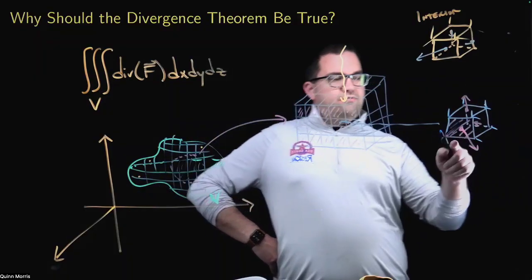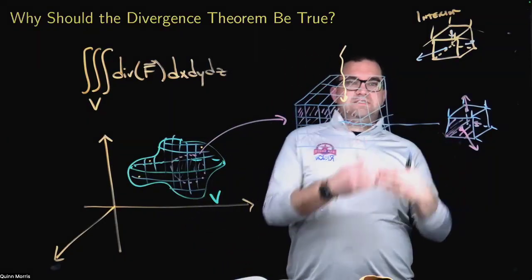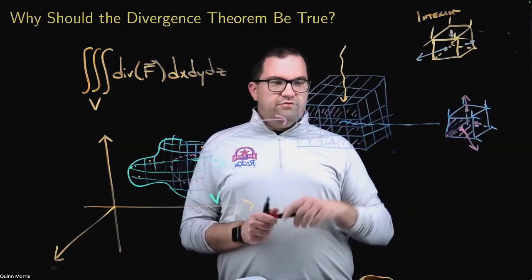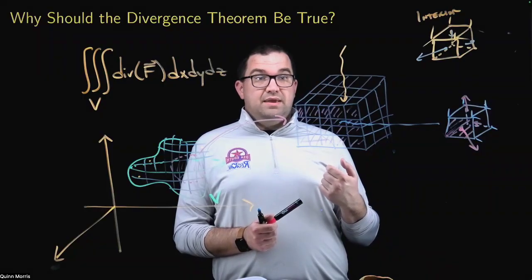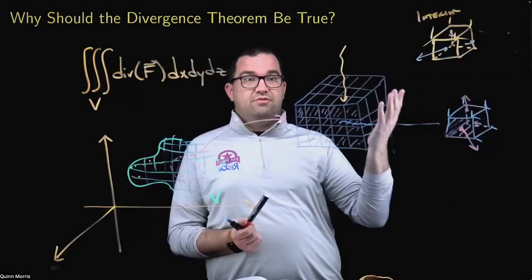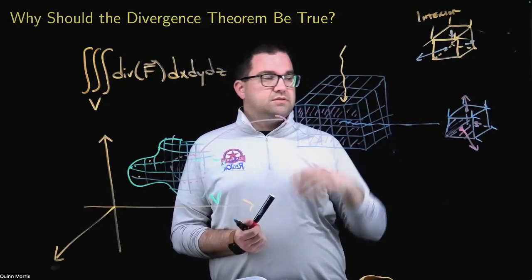Same is happening with all the other faces except for this piece of the surface. Now on the surface, what's happening? Well, on the surface, if this is expanding, that's fine. But it's not being offset by a compression anywhere else because now we're outside of the volume we're integrating over. We're not adding in another piece of this.